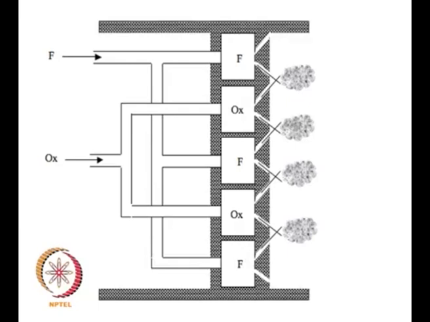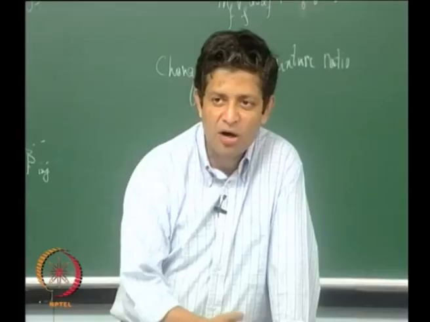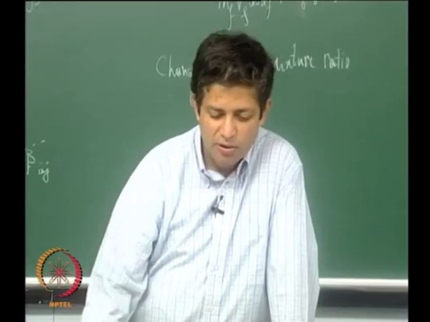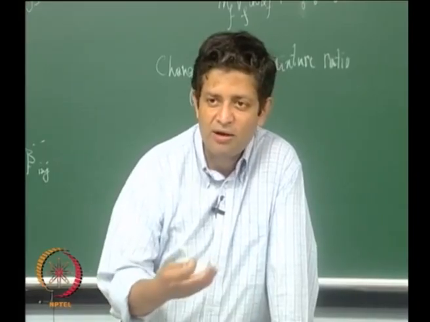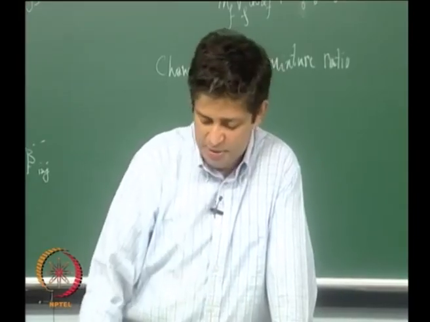So it is not easy to design the pipeline and other things upstream of this, right. It becomes very complicated. Whereas if you have a like doublet, it is a lot easier, because you are going to have only fuel on fuel or oxidizer on oxidizer.